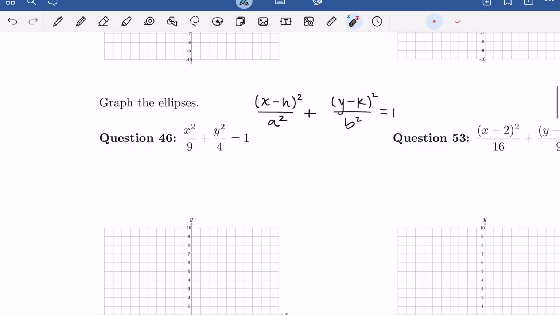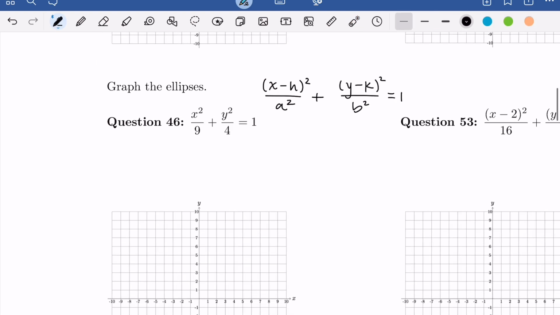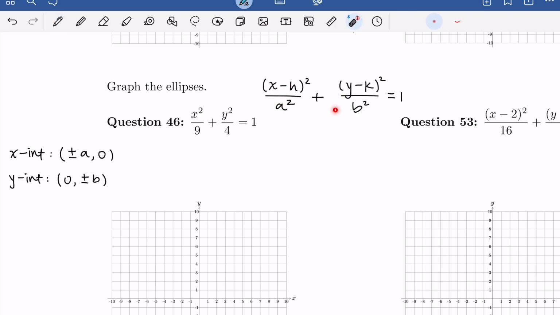Now, what's nice about this ellipse as well is that our x and y intercepts are given by our a and b values here in our standard form. So our x-intercepts are going to be plus or minus our a value, comma 0, and then our y-intercepts are going to be 0, comma plus or minus our b value in our equation.